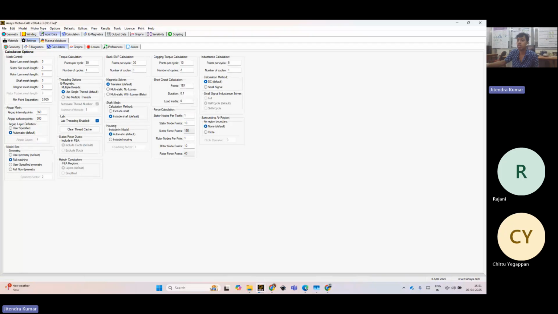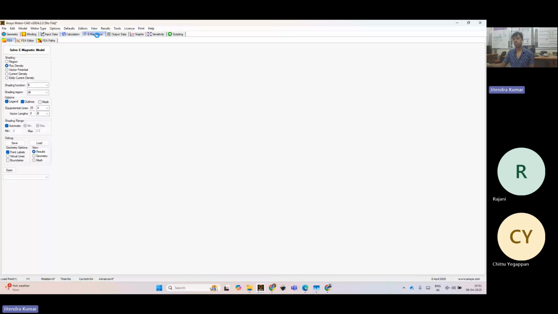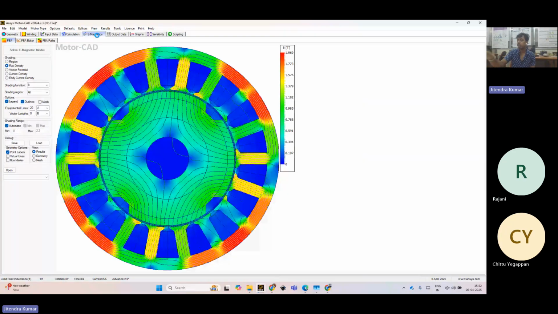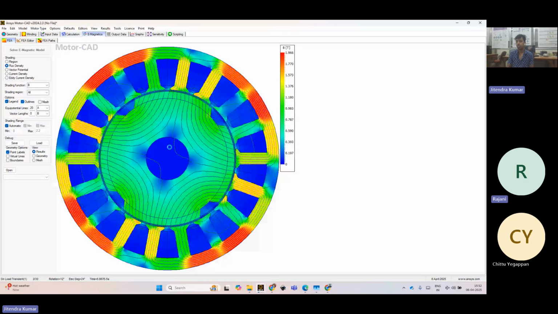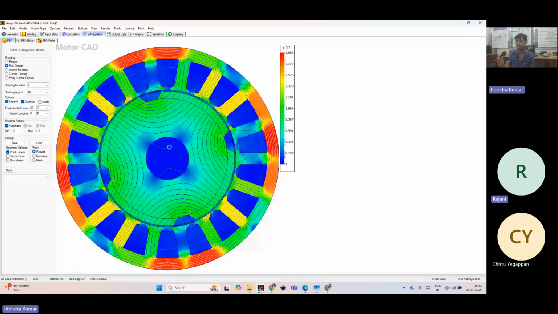There is no need to use half model now; I will get the full model. Here I am not using symmetry, and the calculation has started. You see how much higher time than earlier it will take. From my estimate, almost double.